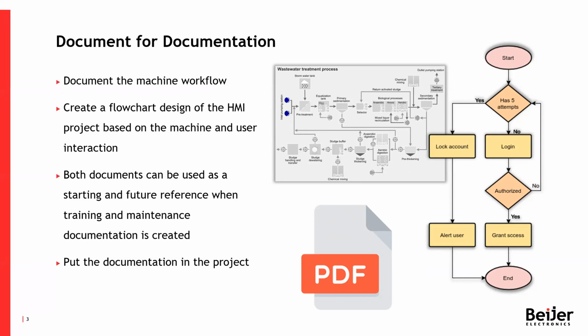Obviously, documentation needs to be updated, it needs to be managed, and it needs to be accessible. So put it into IX Developer. You're developing your HMI. We have places like the component library that allow you to do so. All right, now, you see here from the images that we have a wastewater treatment process, just a generic schema there.